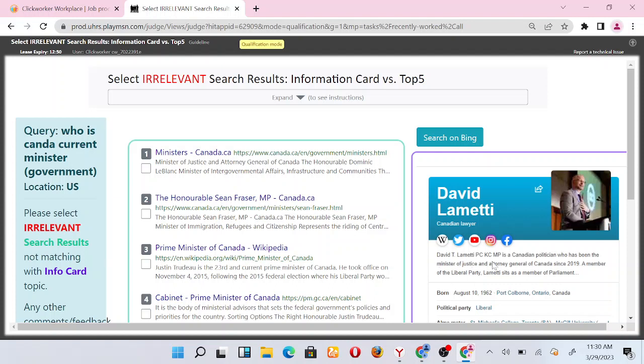David Laminti is a Canadian politician who has been the Minister of Justice and Attorney General. Good. So now we have something to hold on. Now they are talking about the Minister of Justice and Attorney General, Honorable David Lametti, Ministry. Let's see. He was a minister there.